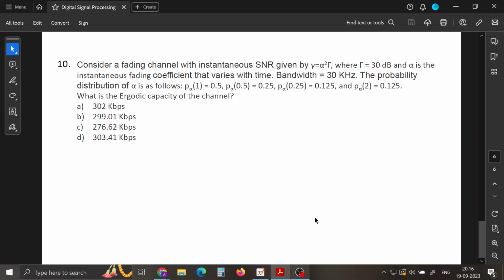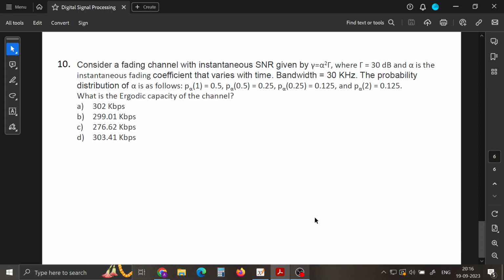Bandwidth is 30 kilohertz, fine. The probability distribution of this time varying fading coefficient alpha is given. The probability that alpha takes the value 1, p(alpha = 1), is 0.5. The probability with which it takes the value 0.5 is 0.25.